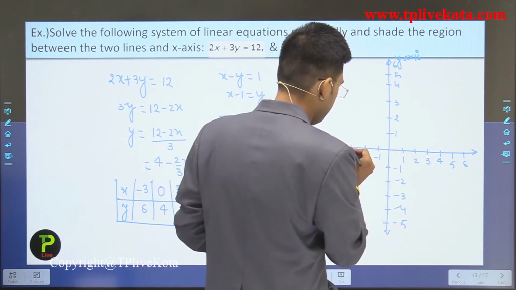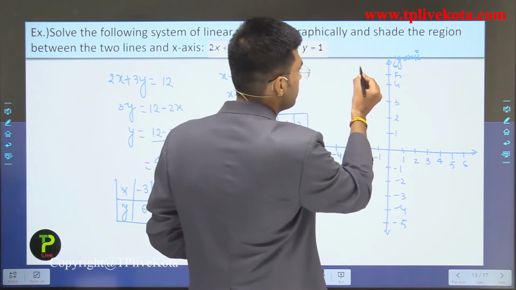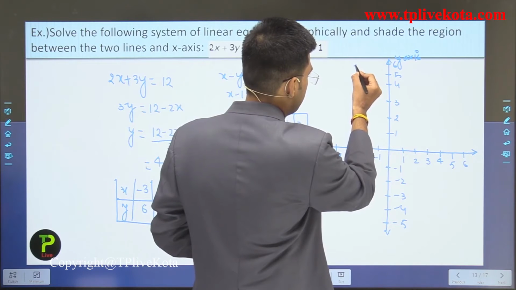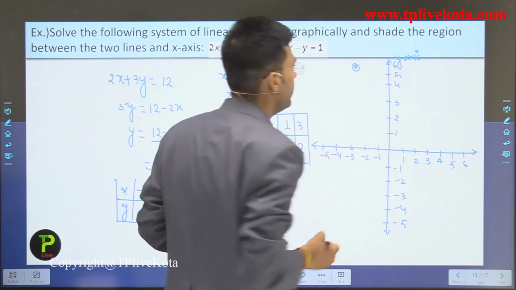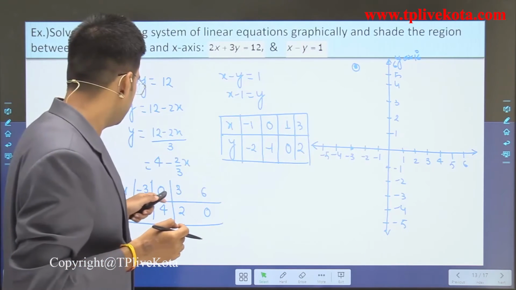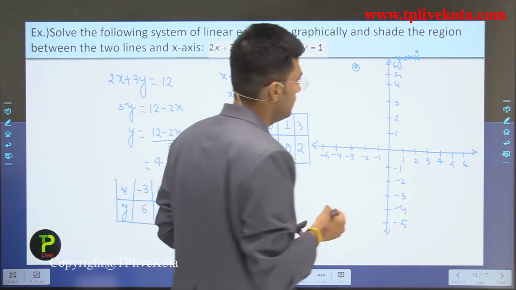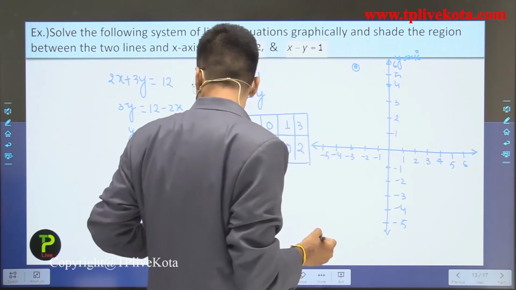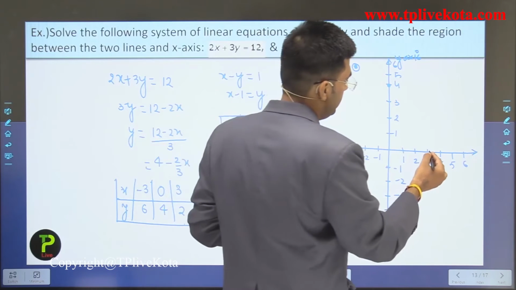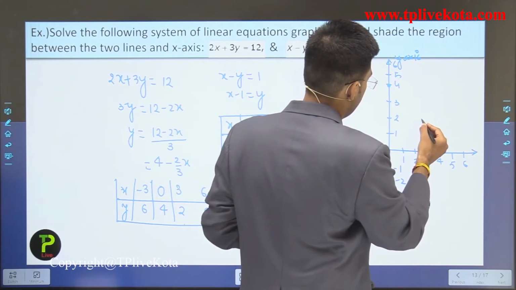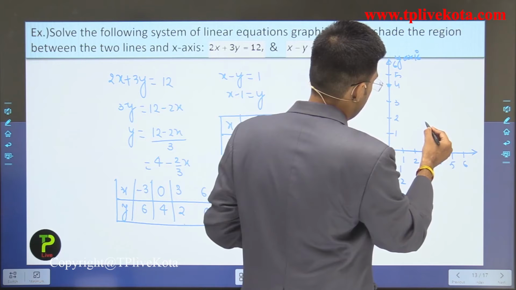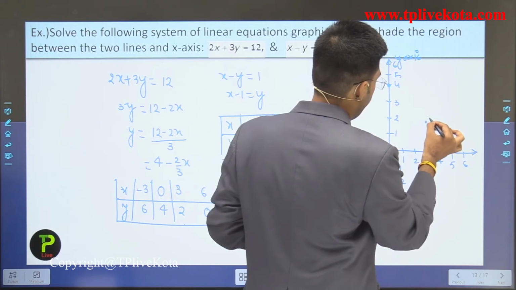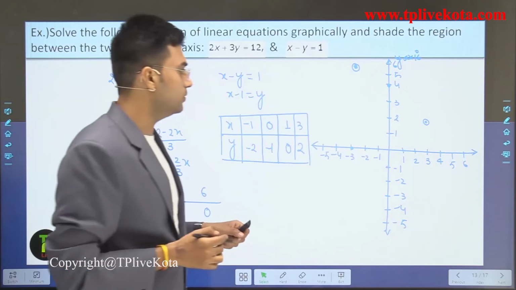This is the point minus 3 comma 6. Then 0 comma 4. Then the next is 3 comma 2. This point is 3 comma 2.